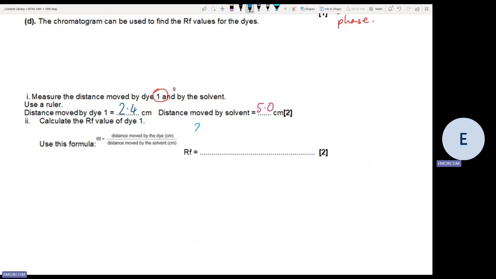So I do 2.4 divided by 5.0, which is equal to 0.48, and that's what I can put here. And a clue is the RF value should always be between 0 and 1. So if you ever get an RF value that's more than 1, you've probably done your fraction the wrong way round, and so you need to just swap your numbers in your fraction.